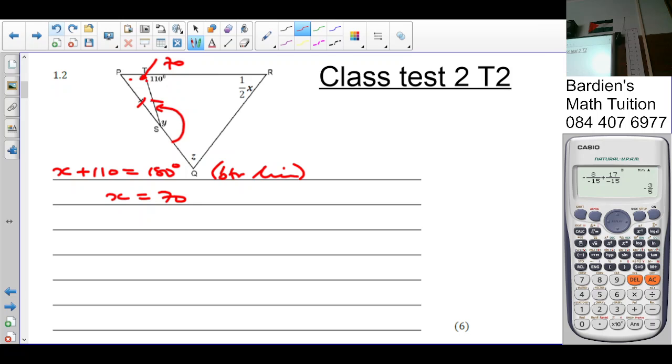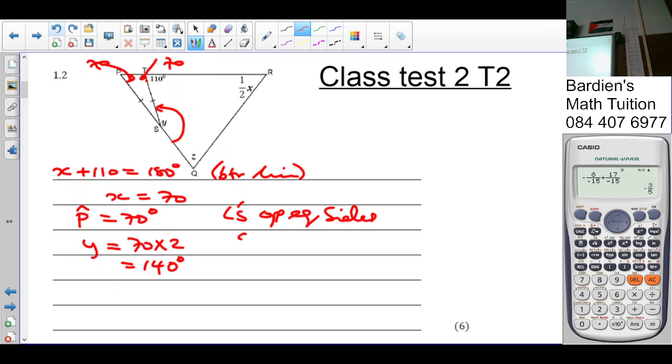With that length being equal, those angles are equal. So angle P is equal to 70. Why? Angles opposite equal sides. So y is equal to 70 plus 70, or 70 times 2, or straight 140. Why? Because that's the exterior angle of triangle PTS.